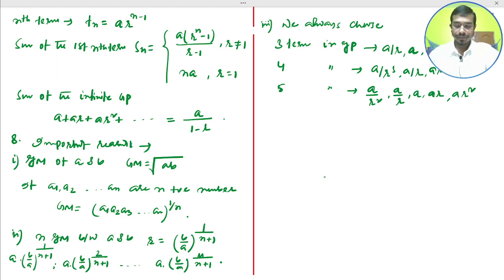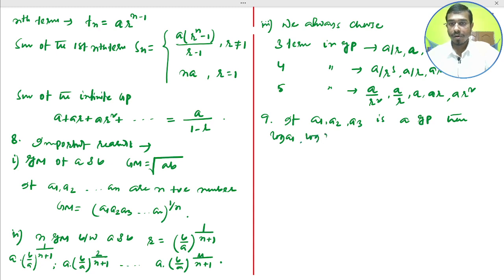Next, one important result. This is a conclusion: if A1, A2, A3 is a GP, then log A1, log A2, log A3 are in AP.